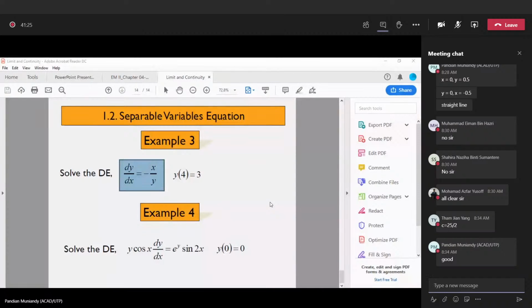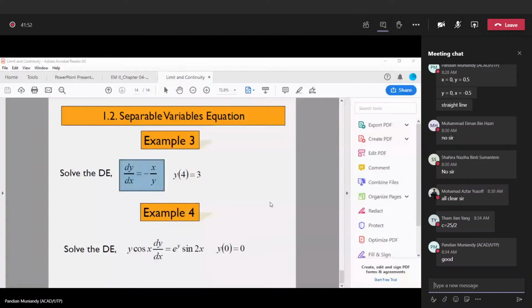Okay. So therefore, your final answer will be y squared over 2 equals minus x squared over 2 plus 25 over 2. Now, we want to simplify this equation. So you have y squared equals minus x squared plus 25. Simplify, yeah?